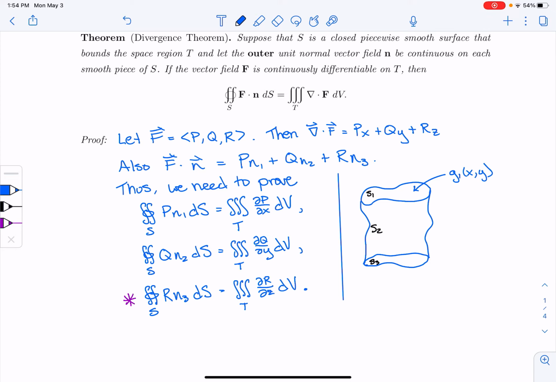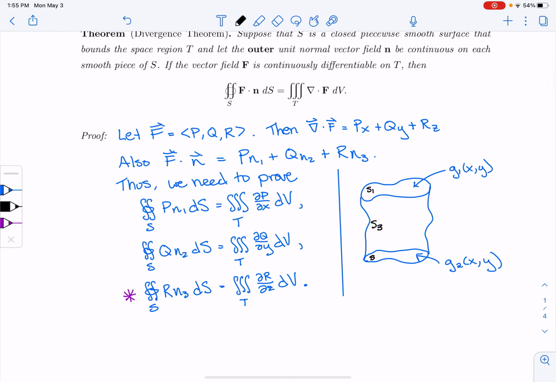And then the bottom, that's going to be G2 of xy. Actually, I'm going to reverse how I did this. So I'm going to call this one S3, the lateral one, and that one S2 to make it correspond.